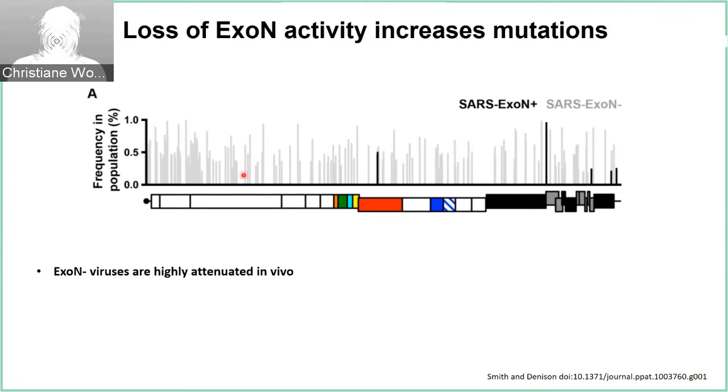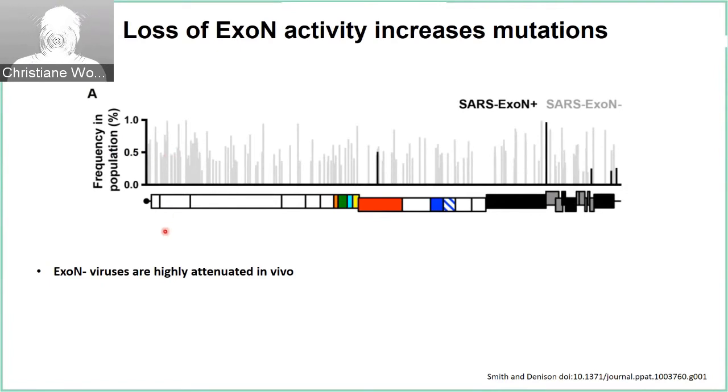And what you can see, just focusing on the black bars, is that the wild-type SARS makes few mistakes, but the exonuclease mutant virus makes many mistakes in many different parts of the genome.